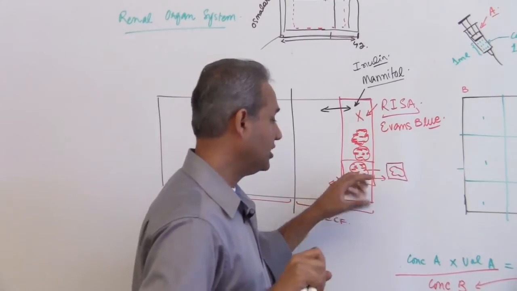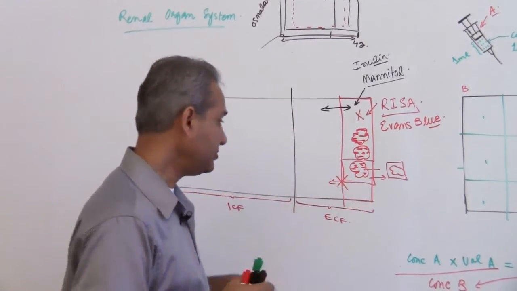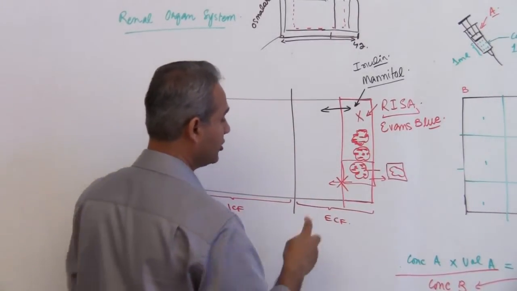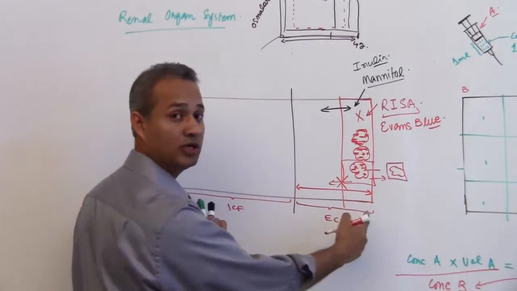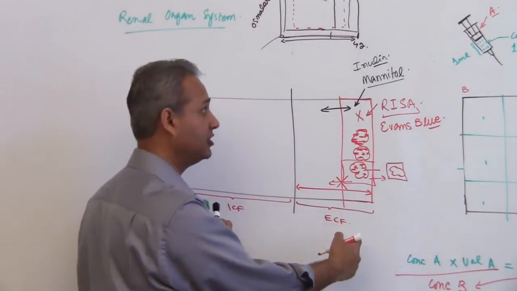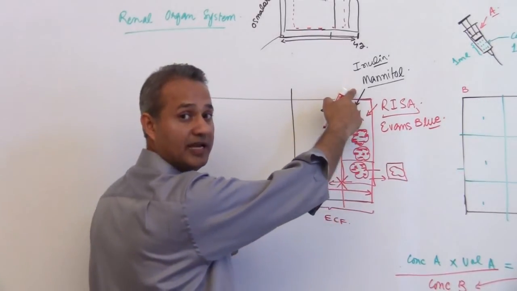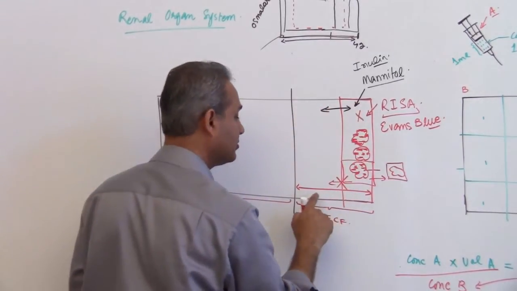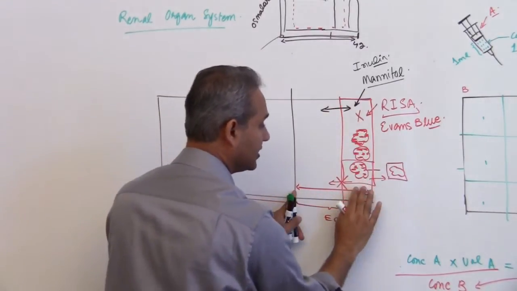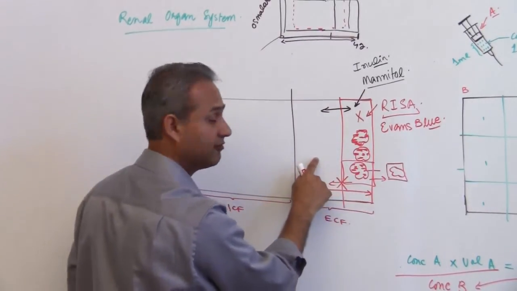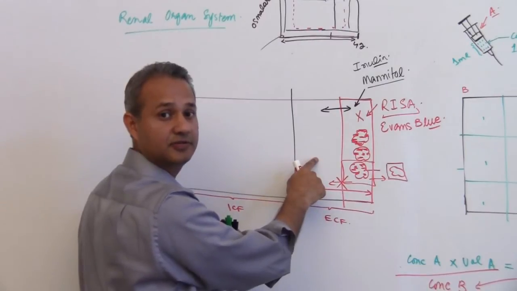Good. Now you have one piece. Then you can also measure the whole ECF, which you can do by using inulin or mannitol, and subtracting the intravascular from the ECF would leave the interstitial.